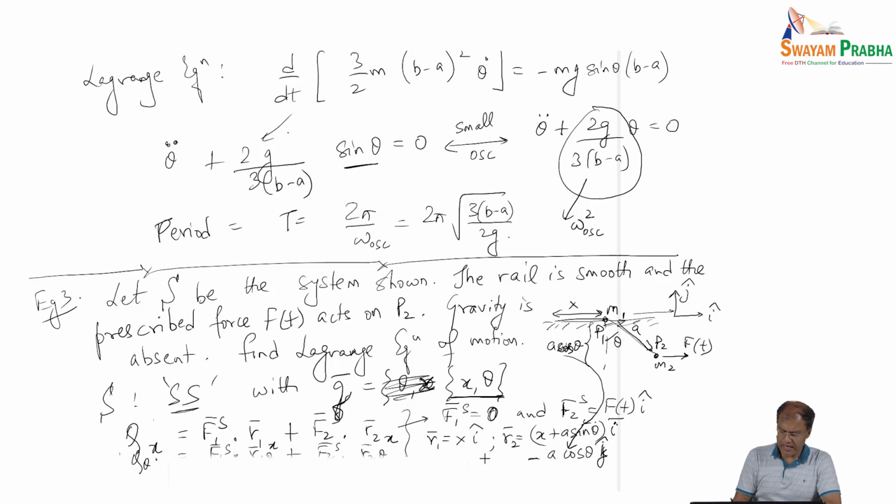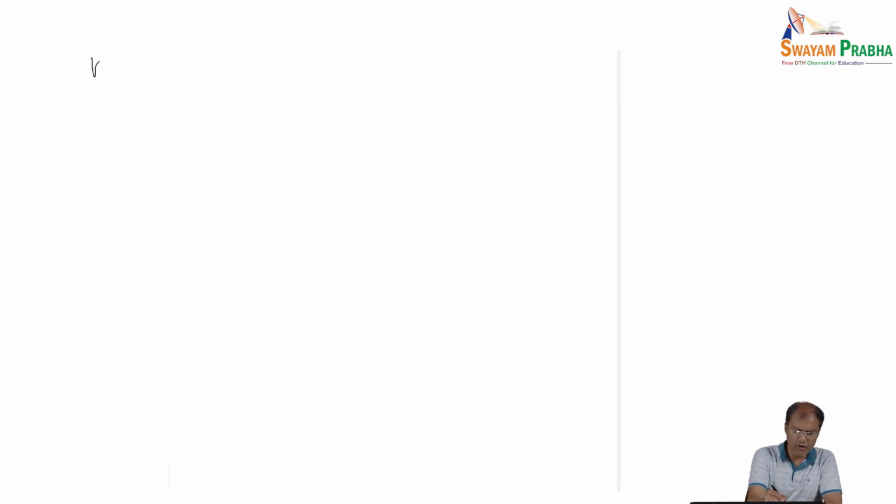Okay, so then I think we are ready now. We have given the form of generalized forces. We can plug in all these formulas. Well, before that, let us also write the kinetic energy and the potential energy. So the kinetic energy of the system T is going to be, for the first mass which is rolling horizontally, m x dot square, and for the second mass which is now driven will be m times a cos theta.